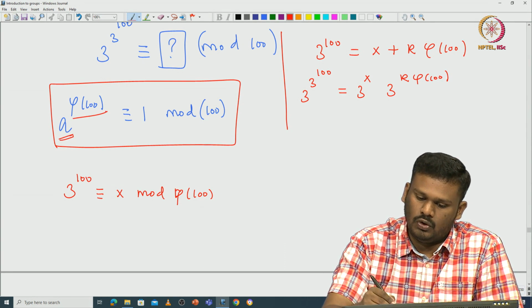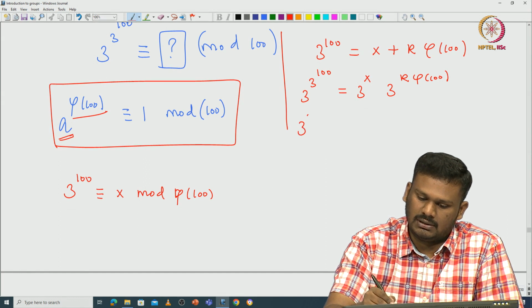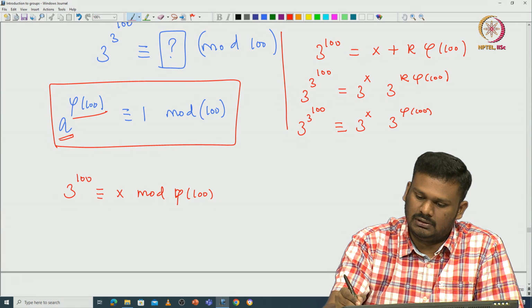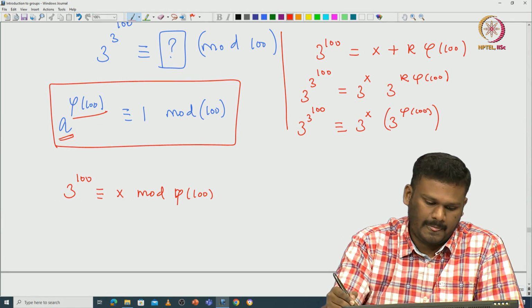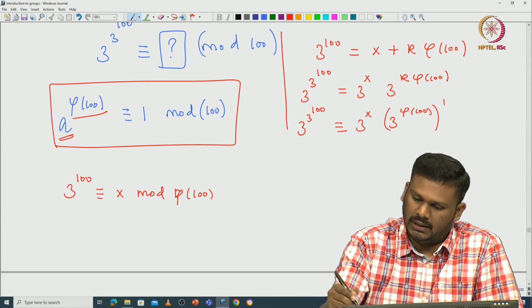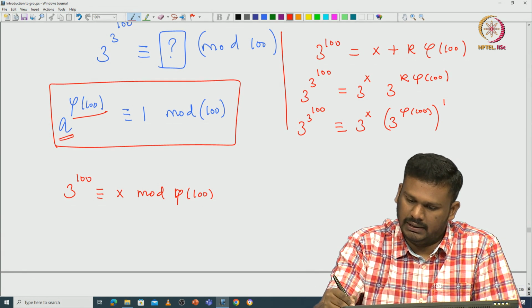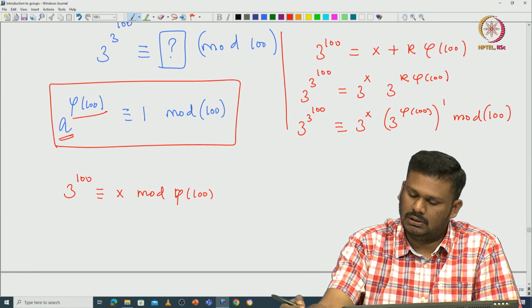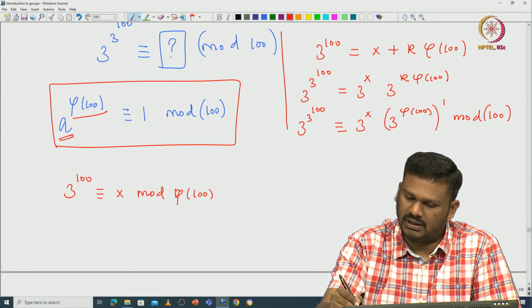So then if you go modulo 100, 3 power 100 will be congruent to 3 power x, 3 power phi of 100 power k.